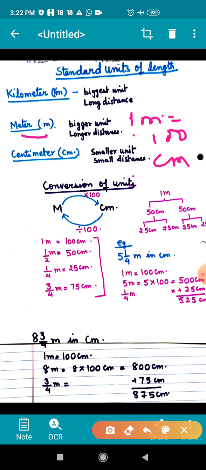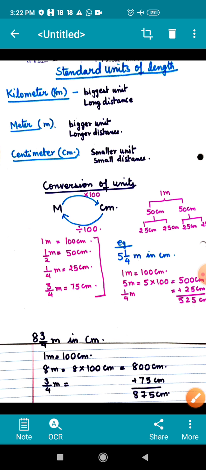Children, one thing you have to remember about the conversion: when you change a big unit into a small unit, you always multiply. But when you change a small unit into a big unit, you always divide. Correct? I am repeating once again.